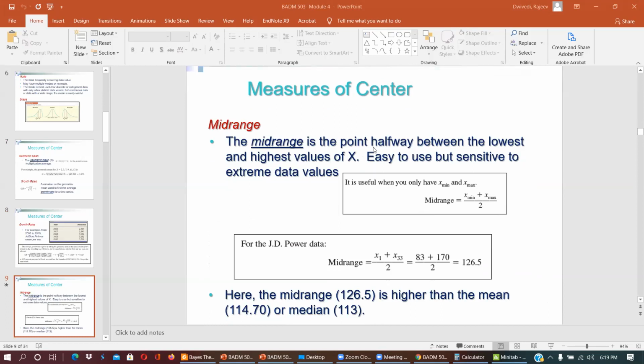Mid-range: what is mid-range? Halfway between two. The highest value plus the lowest value, divided by 2, is the mid-range.